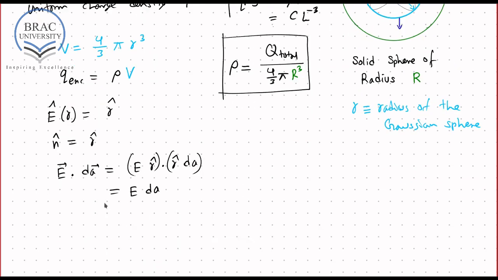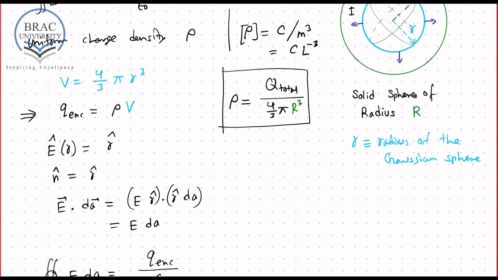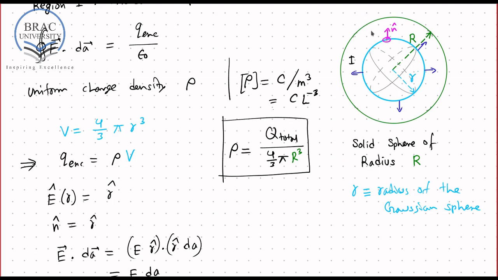Let me rewrite it using the newly found information. E dA equals Q enclosed divided by epsilon naught. Remember, Q enclosed is given by the equation right here. Now what is the electric field at a certain point in this blue sphere? The electric field depends on the distance r from the center, and it will be the same everywhere at the same distance.